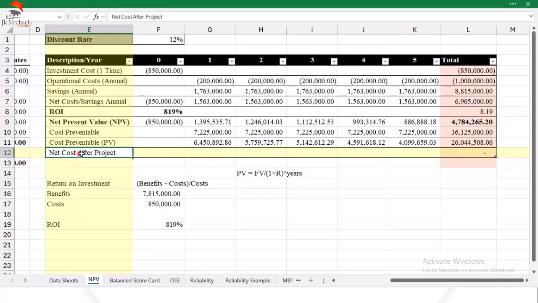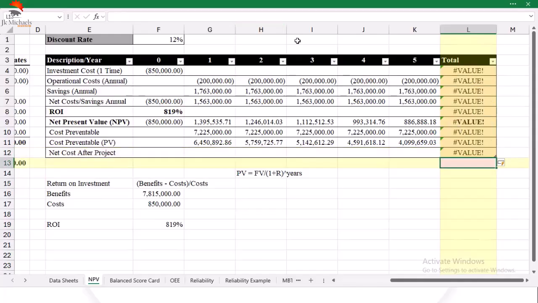So let's look at what our net cost will be after implementing the project for 5 years. Our net cost, therefore, would simply be that we'll subtract our savings. And you can see that, I think I messed up the formula here.